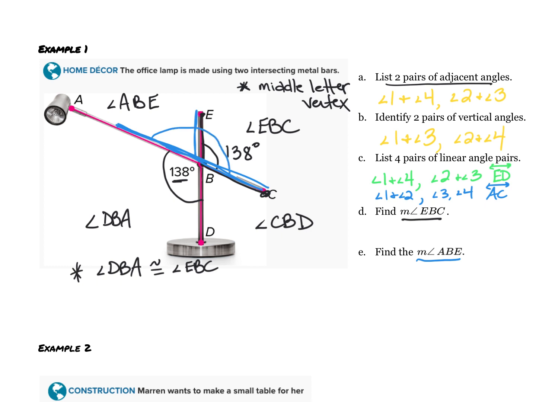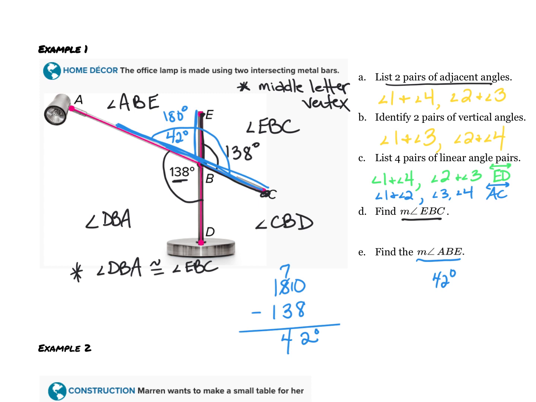So if my entire line is 180 degrees, and one of the 2 angles that helps create the line is 138 degrees, then I can do 180, my total, minus one of the angles, and that will tell me the measure of my other angle, ABE. So that's going to give me 42 degrees. So that would be the measure of this angle here.